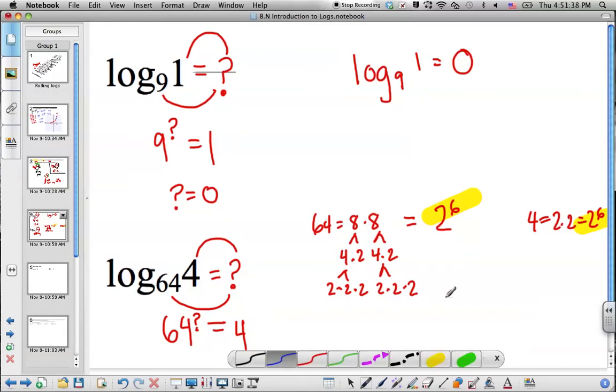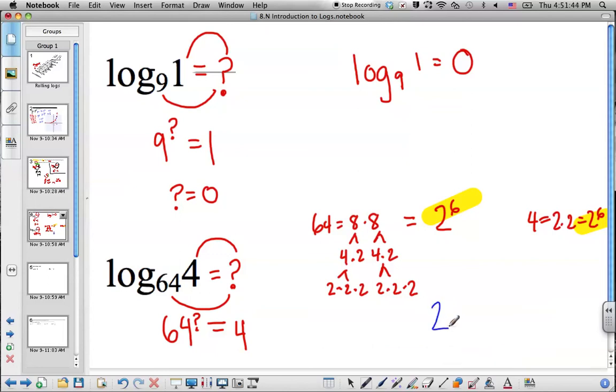So we could say 64 to the question mark is 2 to the 6th, question mark, which equals 2 to the 6th. Wasn't it equal to 4 over here? Oh yeah, I'm sorry. Good catch, Mrs. Moore.